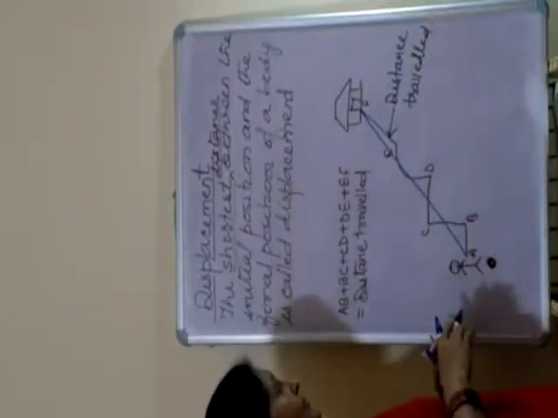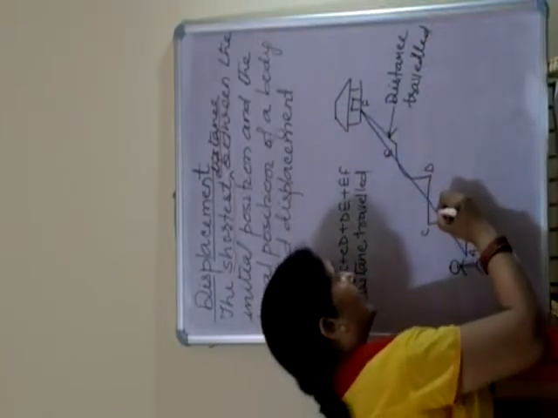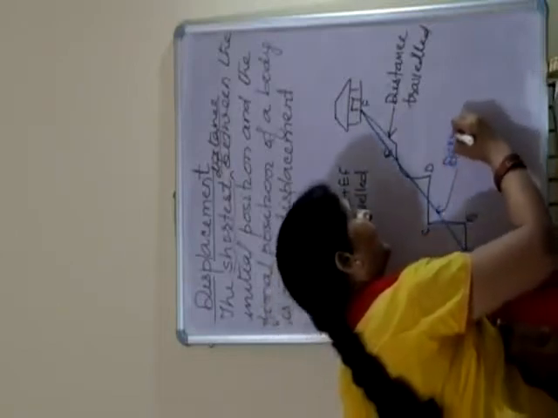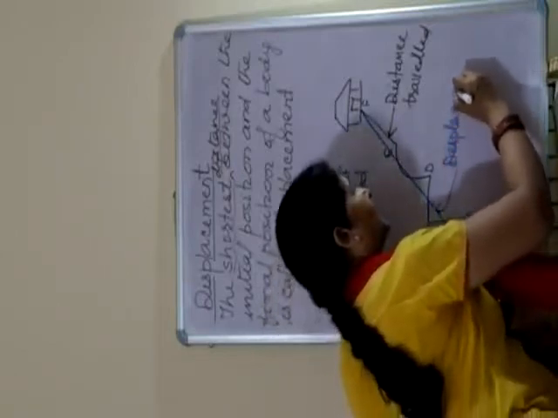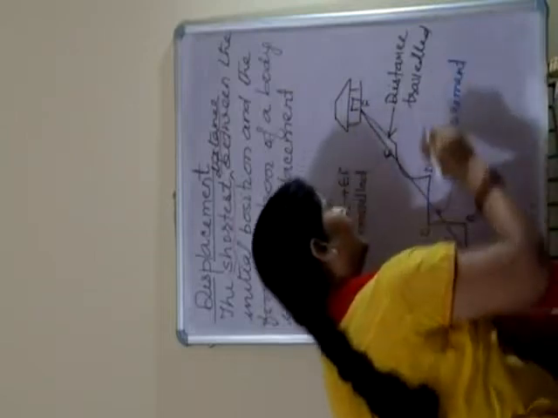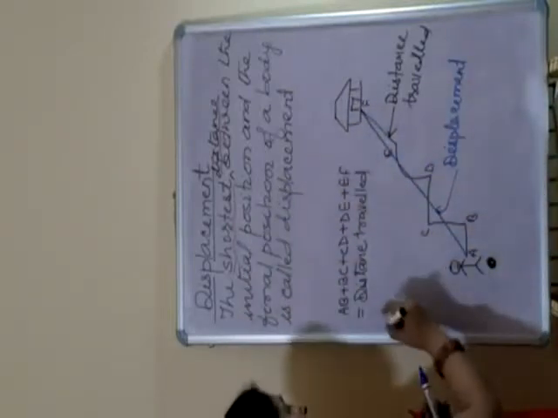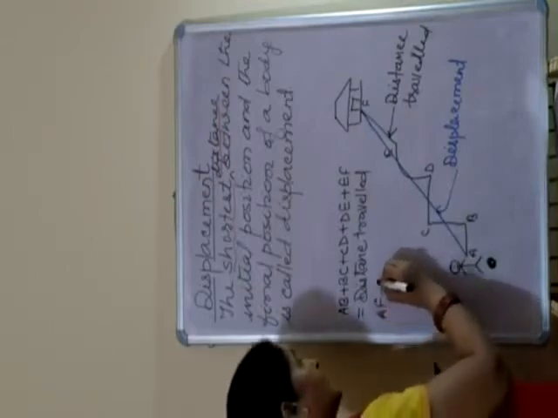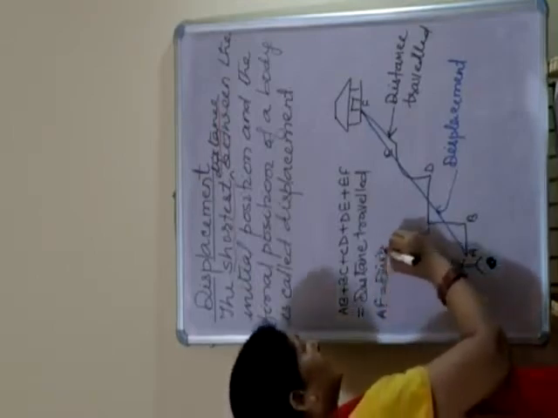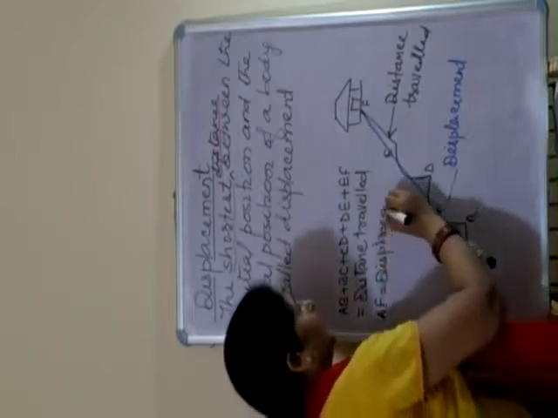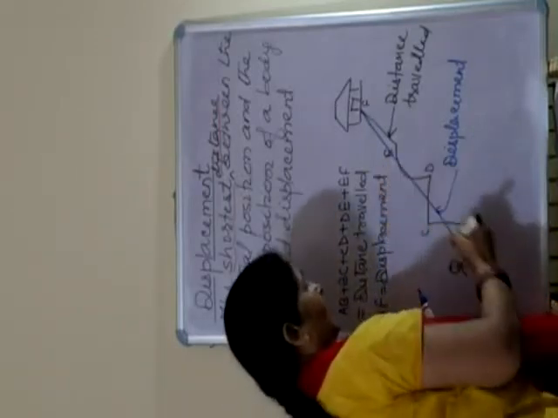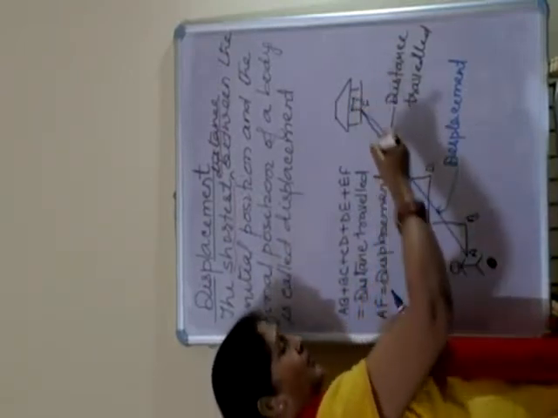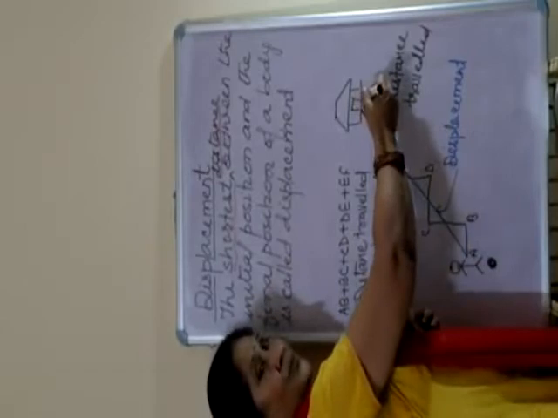And this is displacement. Means direct AF is displacement of this person from A to F, from its initial position to the final position.